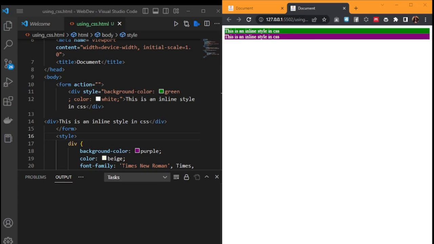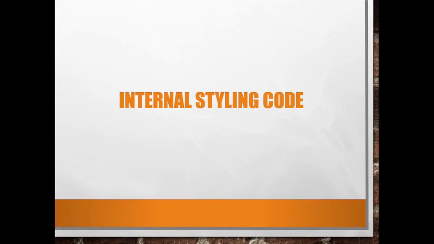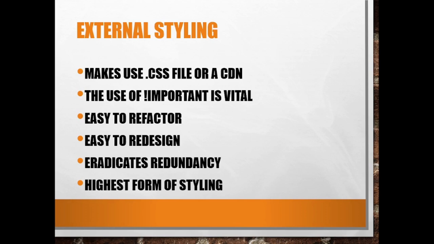So briefly, I will also look at what we can call external styling. The external styling makes use of a .css file or a CDN, a content delivery network. That is a file that is hosted on a server which is accessible through a URL.